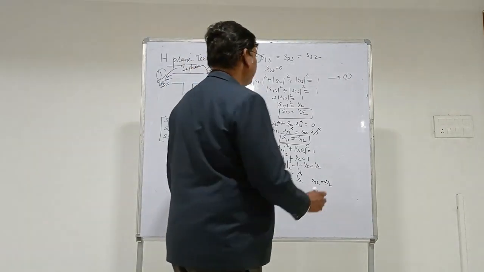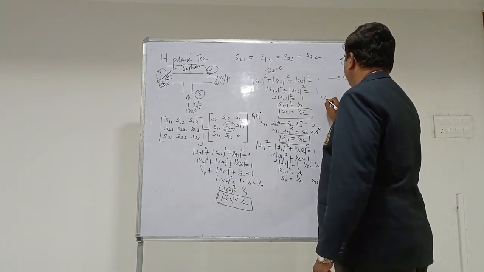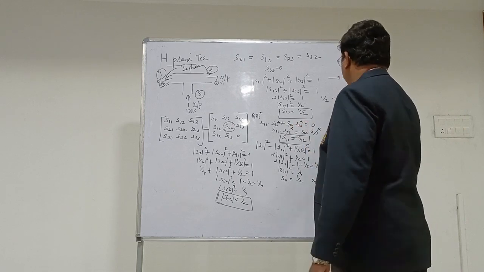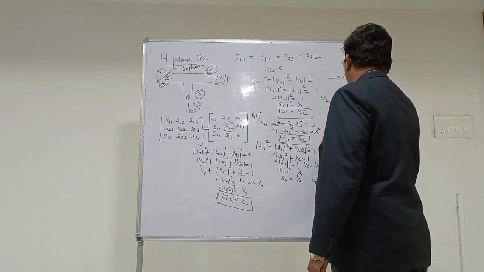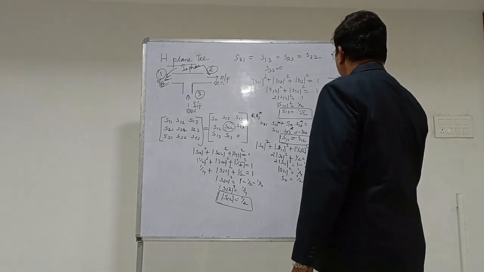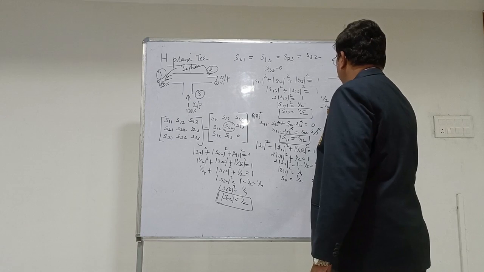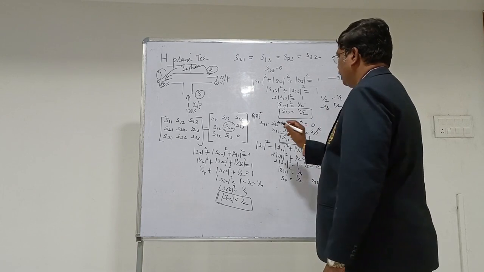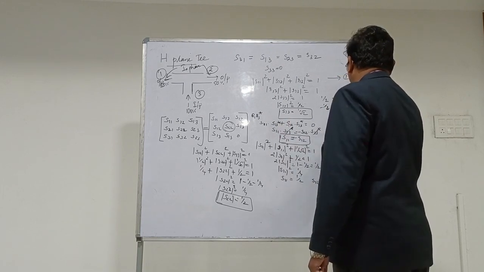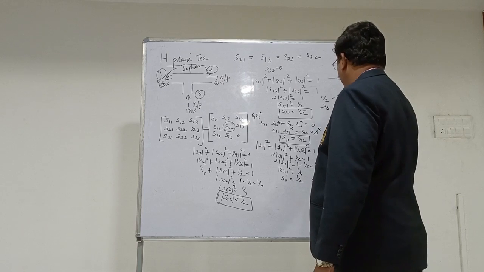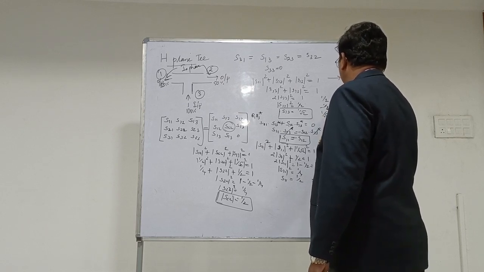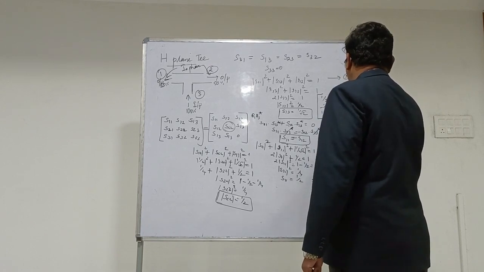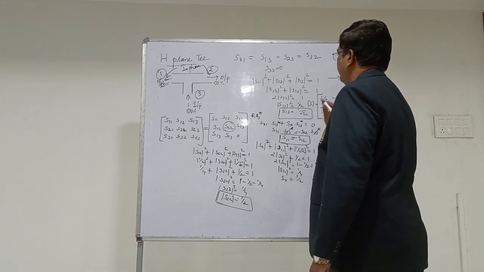Now your S matrix becomes: S11 is equal to 1 by 2, S12 is equal to minus 1 by 2, S13 is equal to 1 by root 2, then S21 is equal to minus 1 by 2, S22 is equal to 1 by 2, S23 is equal to 1 by root 2, then S31 is equal to 1 by root 2, S32 is equal to 1 by root 2, and S33 is 0.